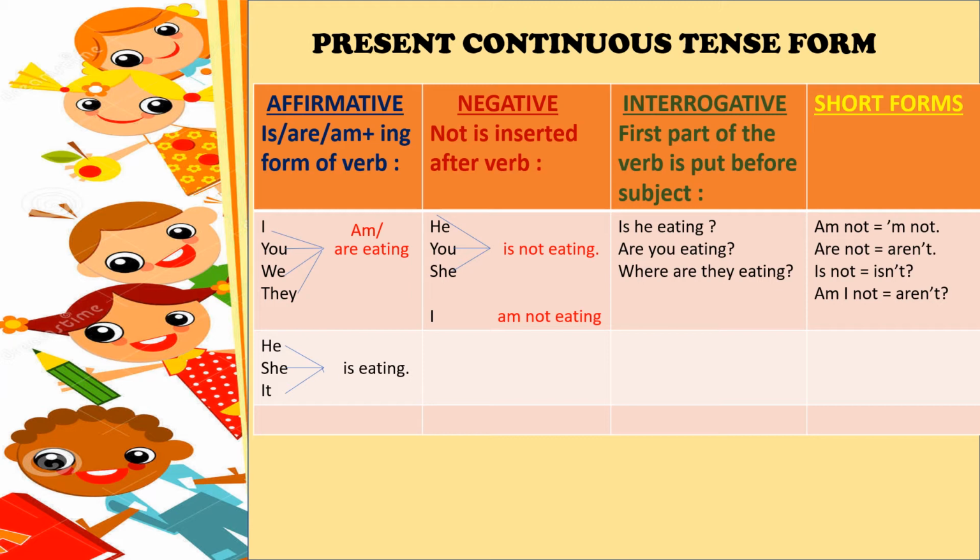So for pronouns like he and she, we use is not eating. Whereas for the pronoun I, we use the helping verb as am. I am not eating. And if it is in an interrogative form, we use the sentence as is he eating? Are you eating? Where are they eating? We can use the WH form of words.